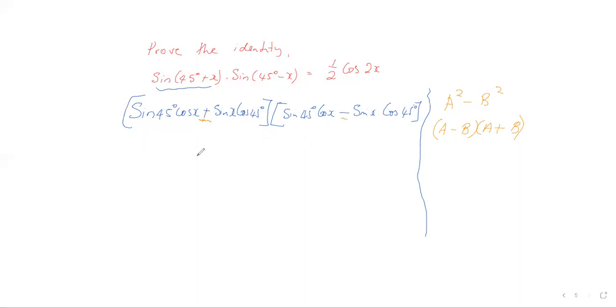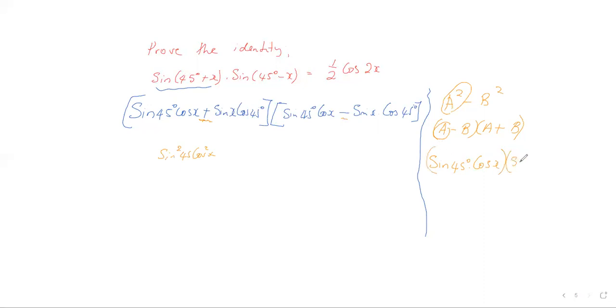So it's like I'll have sine squared 45 cos squared x. Where do I get that? If I square a here, my a is sine 45 and the cos of x.